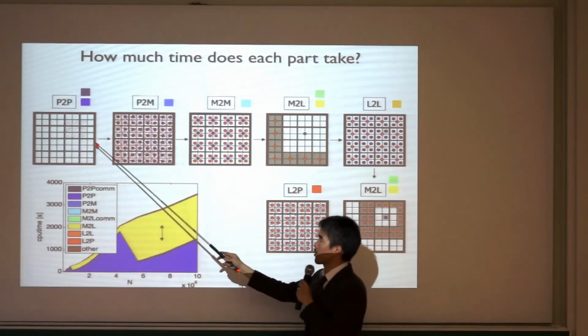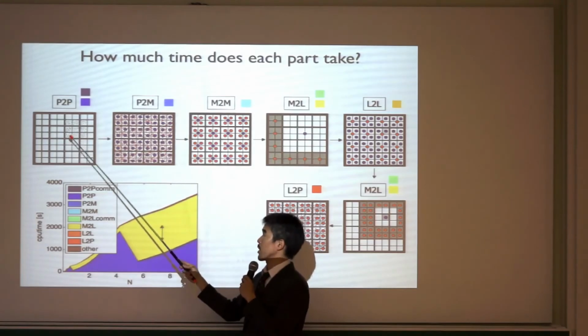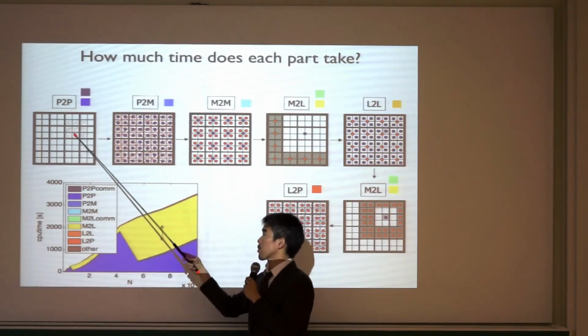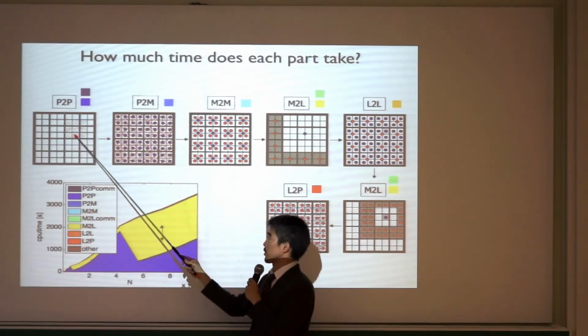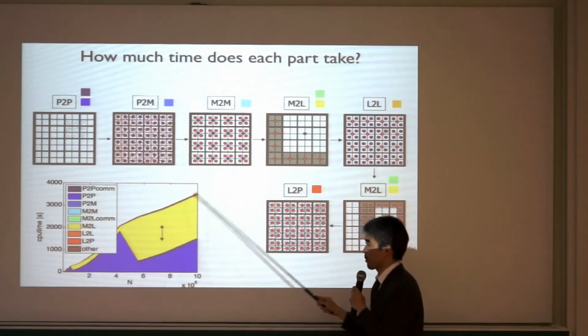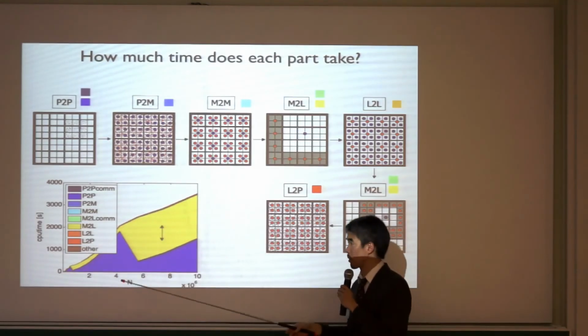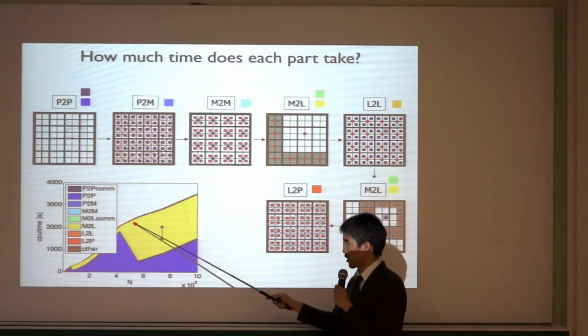So if you write in your code an if statement that says if the number of particles per leaf box exceeds a certain value, then subdivide, as long as you have that, this switch should happen automatically. You don't need to manually program in your code the correspondence between n and the number of levels.